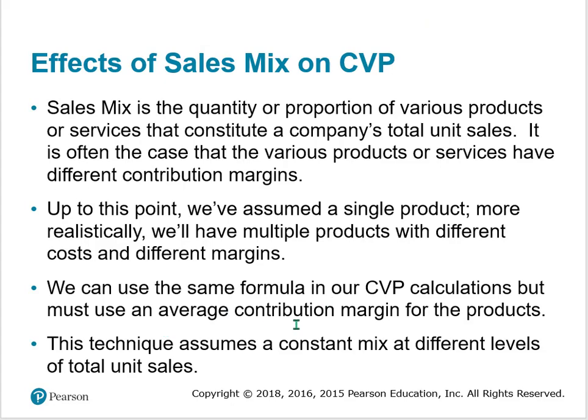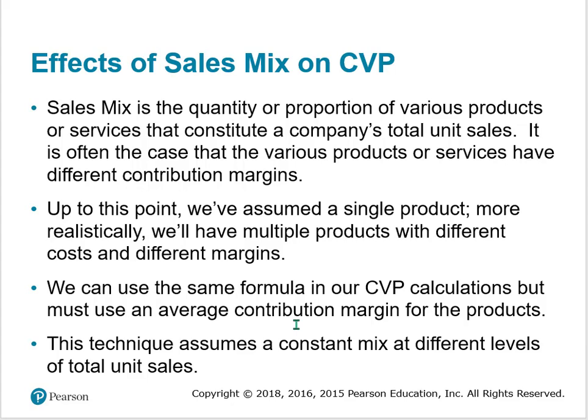So far we've been contemplating a business with one product and therefore one contribution margin. Most often, though, companies have multiple products with varying contribution margins. We can still use CVP analysis, but instead of using the contribution margin for one product, we'll use an average contribution margin, calculated based on a defined product mix.